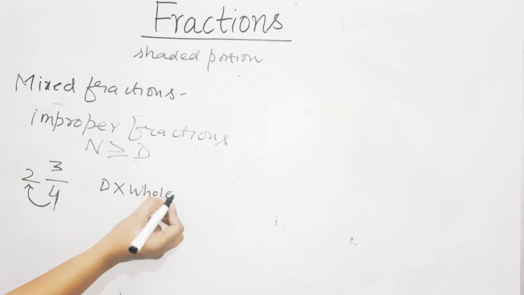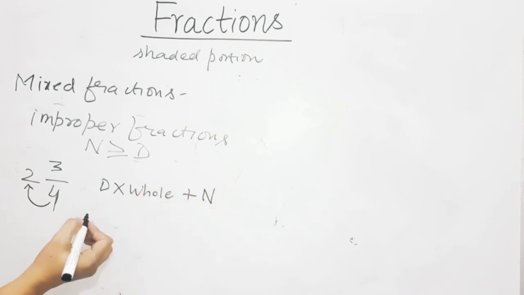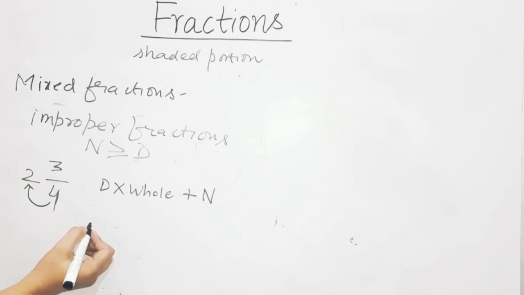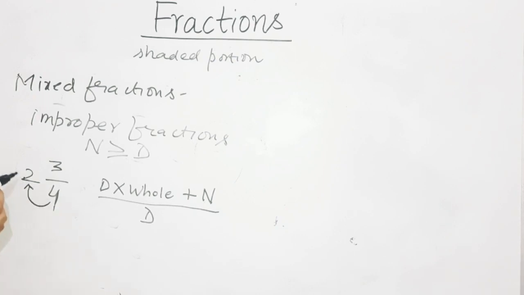Multiply, plus add the numerator of the fraction part, and write the same denominator. See, 4 2s are 8, 8 plus 3 is 11. So 11 upon 4 is the improper fraction for this mixed fraction. I hope everybody is clear with the process to convert a mixed fraction into an improper fraction.